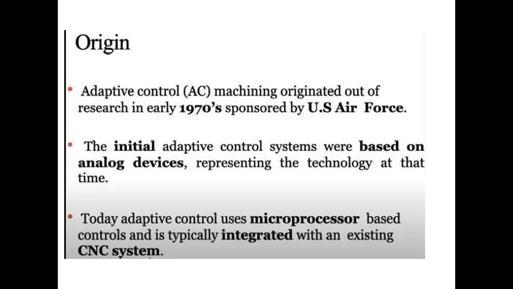So today adaptive control, as I was talking about, uses microprocessor based controls, and it's typically integrated with an existing CNC system. You have an integration. The whole CNC system is designed, and when you are designing this CNC system, you'll integrate the adaptive control system also.